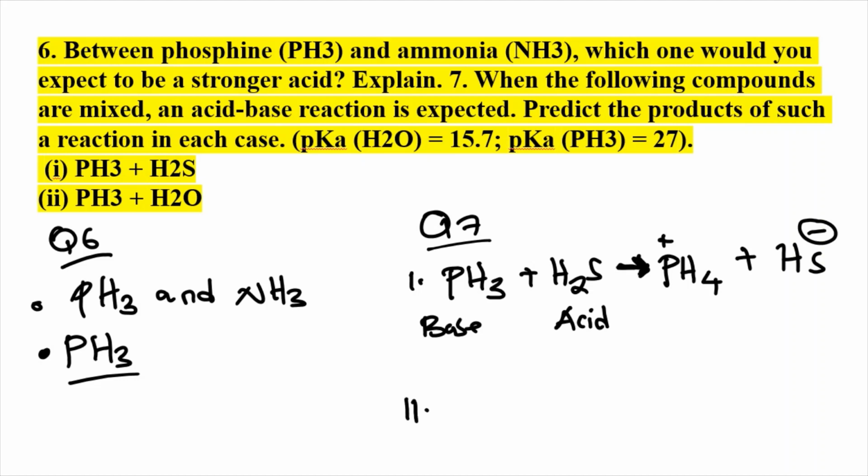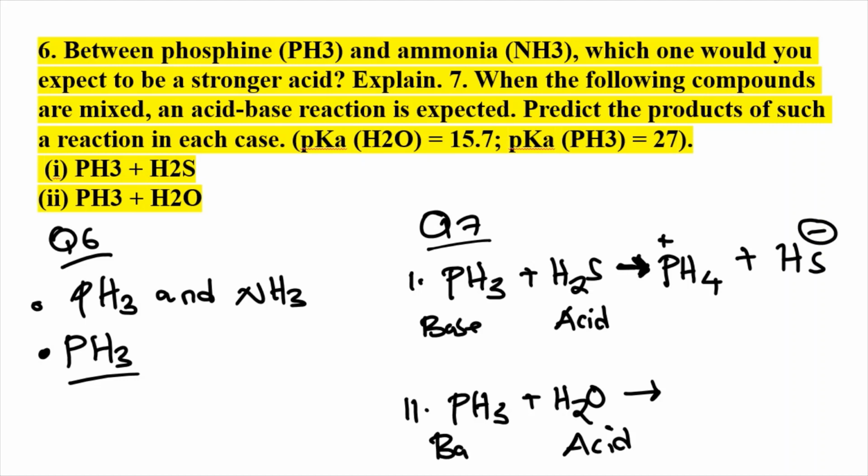Number 2, PH3 plus water. So here you ask, which one will be the base, which one will be the acid? We're going to determine this using the pKa values. We've seen that the pKa of water is less than the pKa of PH3, meaning that water will be the acid. We said that the lower the pKa, the stronger the acid.